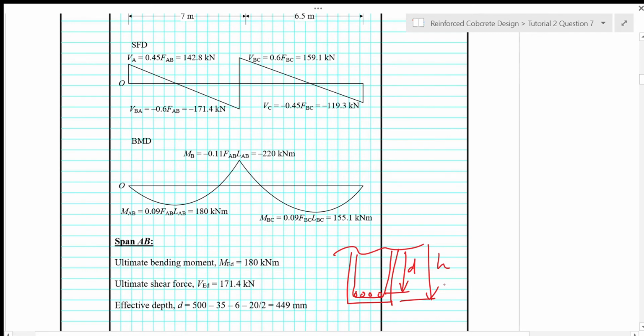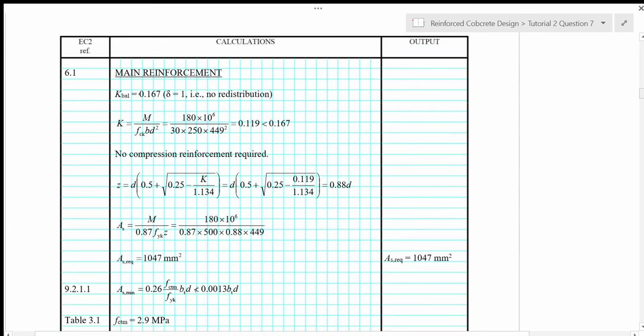So for the effective depth, we have h minus the cover minus the diameter of the link minus half the diameter of the main bar. In this case, we assume there is only one layer of main bars, so it's minus main bar diameter over 2. So we get an effective depth of 449 mm. K balance is 0.167 because there is no redistribution of moment.